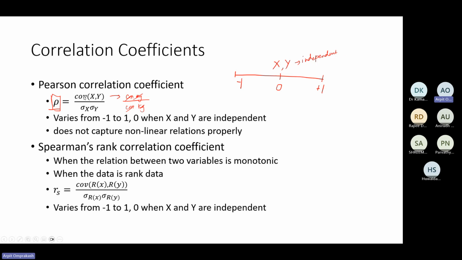So the issue with Pearson correlation coefficient is that it's a linear correlation coefficient, so it does not capture relationships if your data has some nonlinear relationship between them. So for example, let's say we were to plot x versus y, where we have y equal to x square or something.